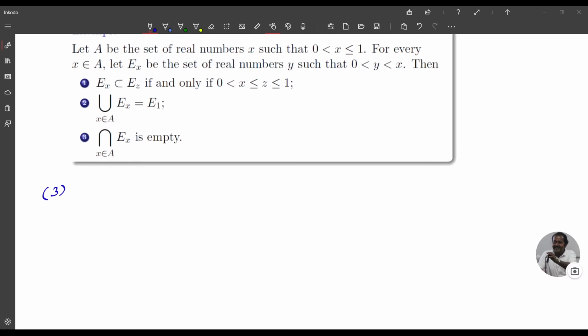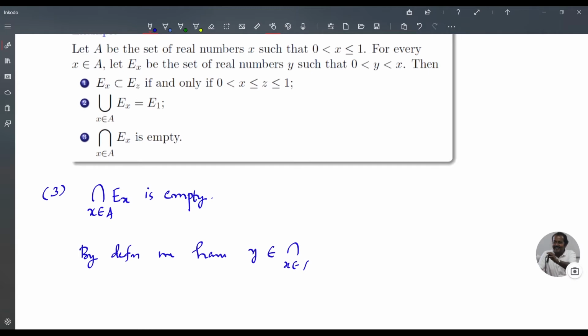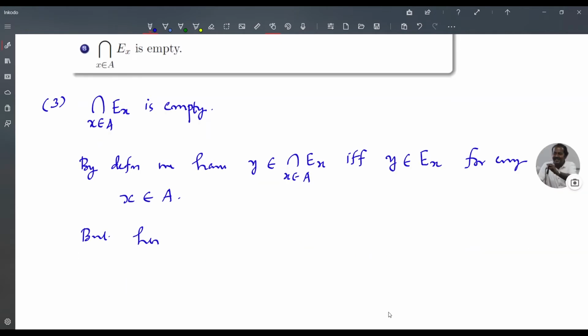Now we prove that intersection x belongs to A, Ex is empty. By definition we have y belongs to intersection x belongs to A, Ex if and only if y belongs to Ex for every x in A. But here, for every y greater than 0, y does not belong to Ex if x is less than y.